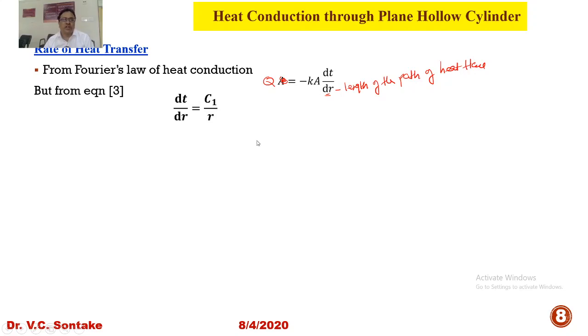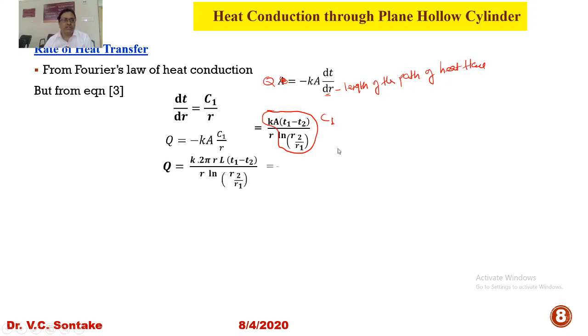So putting the value of C1 by r into this equation will give me Q is equal to minus KA C1 by r, which will be equal to K into A into (T1 minus T2) over r into log of R2 by R1. This is the entire value of constant C1.